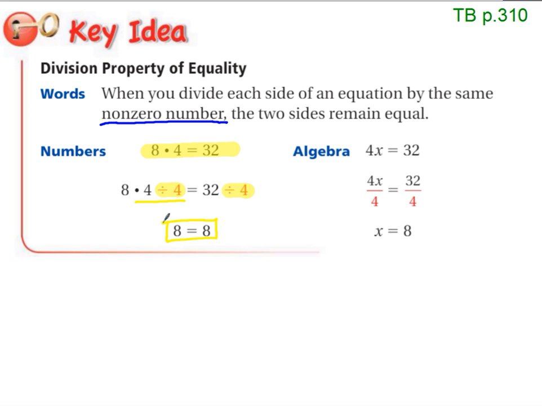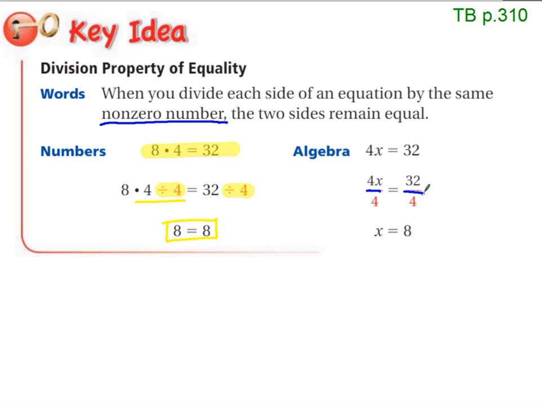When I look at this same idea, just with an algebra problem, 4x equals 32. Well, if I'm multiplying, the opposite of multiply is divide. So you can see down below, it says 4x divided by 4, 32 divided by 4.